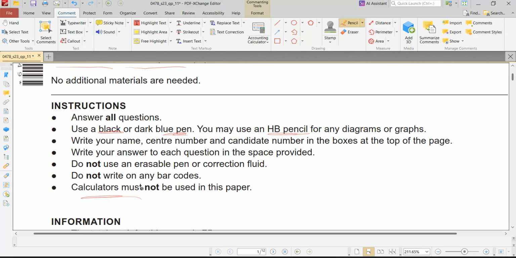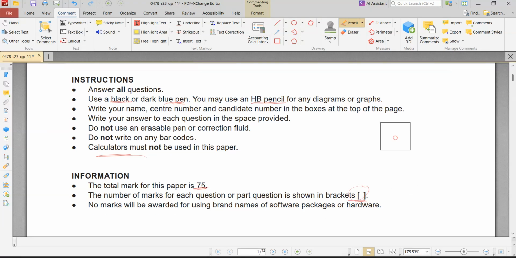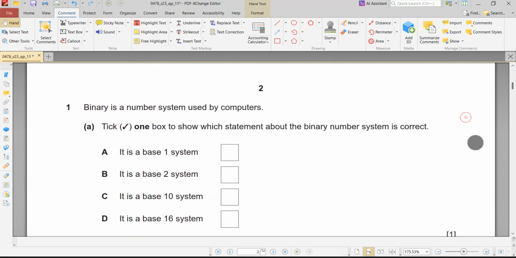So this is the information about the paper. The total of this paper is 75 marks. You will find the marks for each question below in brackets. So I'm going to start with solving the paper.